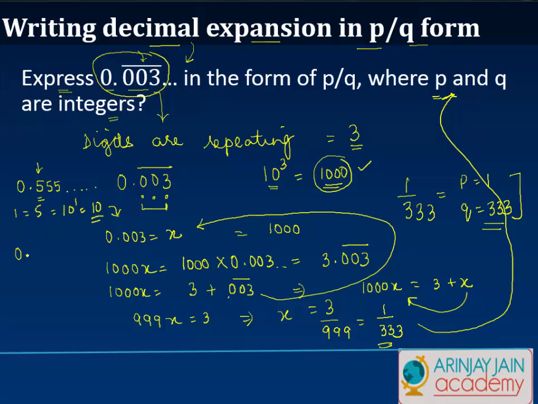If you had something like 0.474747, then basically we have 47, or 2 digits, which are repeating themselves. So we are going to multiply this by 10 to the power 2, or 100. In similar fashion, you can solve any of these decimal expansions and express them in the form of p by q, where p and q are integers.